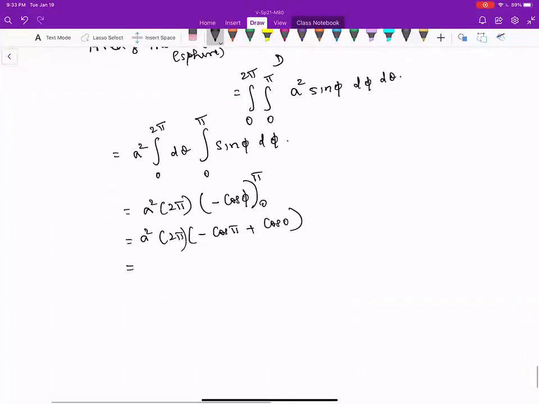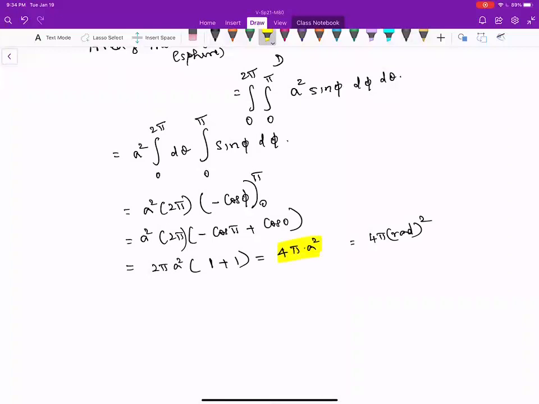So it is 2 pi a square times cosine pi is negative 1, negative of negative 1, positive 1, positive 1. So it becomes 2 times 2 pi a square. So 4 pi a square is 4 pi radius square, which is what we know about the surface area of a sphere.